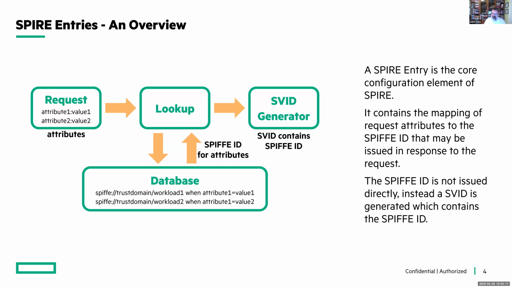And then depending upon how the entry is configured, the SPIRE server may send an SVID back or may not. And one of the things with this mapping of configuration elements to requests is that there's an intense amount of lookup that happens internally inside the SPIRE servers. They're constantly being asked to check their SPIRE entry database.